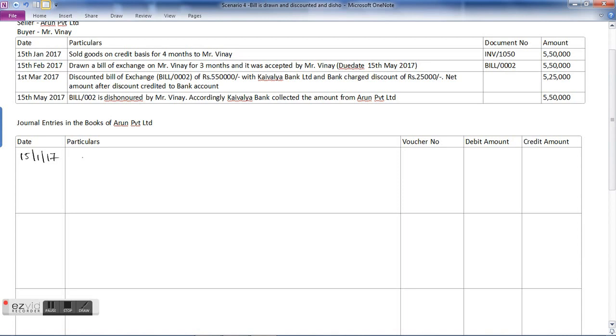Credit sale entry will be debtors account debit to sales account. So in this case, Mr. Vinay account debit to sales account. Voucher number is invoice number 1050. Debit amount is 5,50,000. Credit amount is 5,50,000.